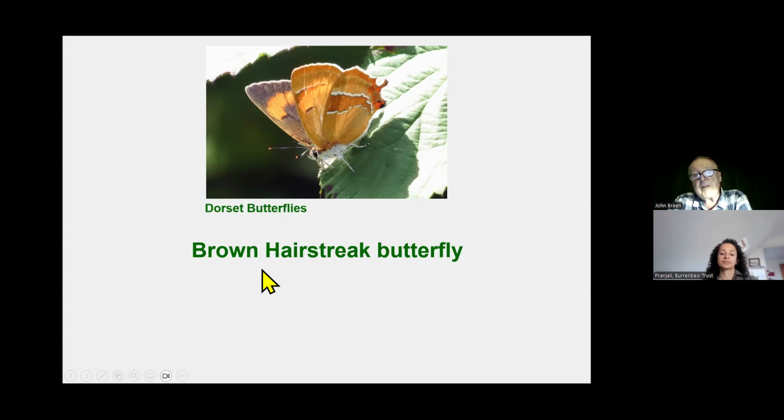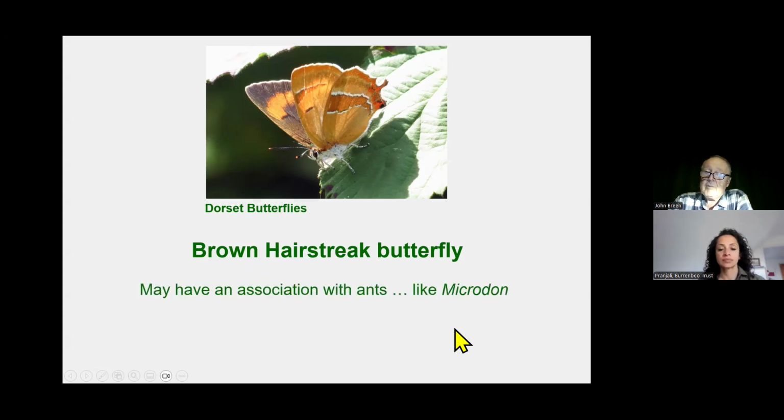And he maintains that they should have, or may have, or probably have an association with ants, and we'd expect them with myrmicas. So if you see myrmica nests with caterpillars in it, you probably should mark them and remember where you've been.